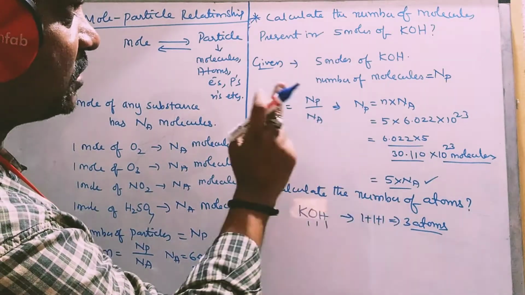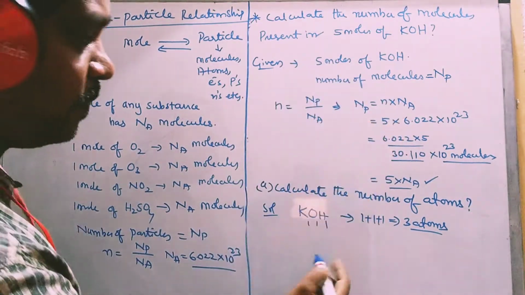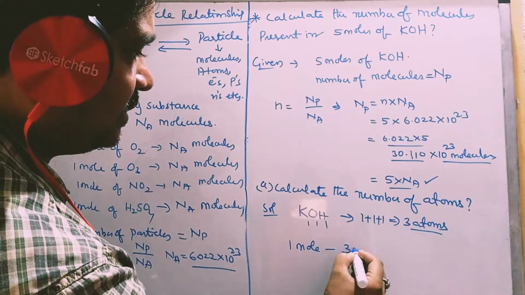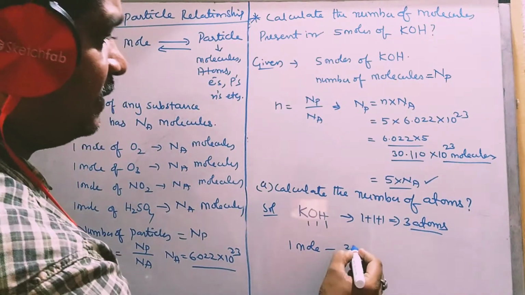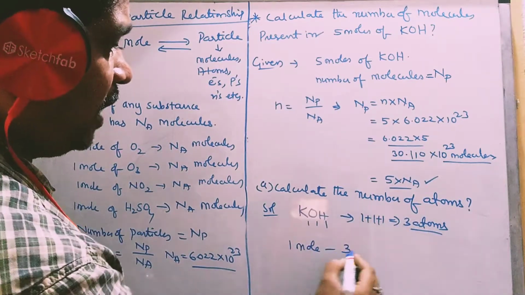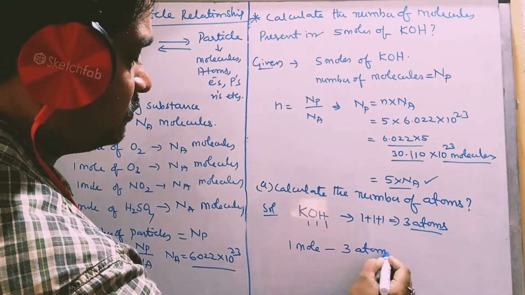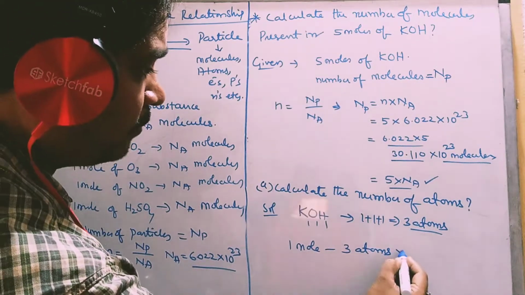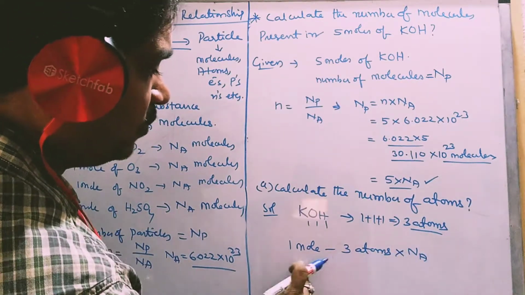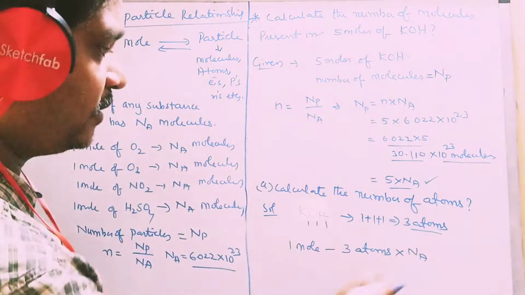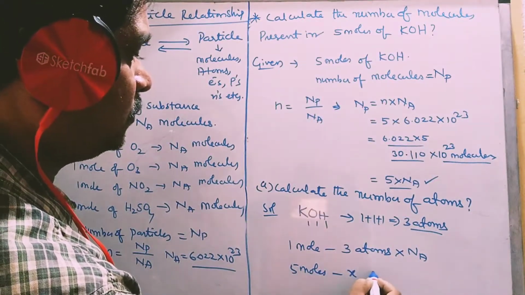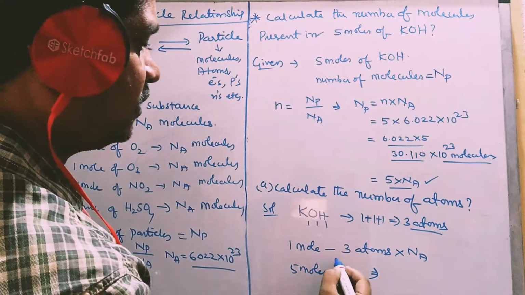But the question is asked for 5 moles of KOH. As you know, 1 mole has 3 atoms into Avogadro number, because 1 mole means Avogadro number. So 5 moles has how much? Cross multiply.